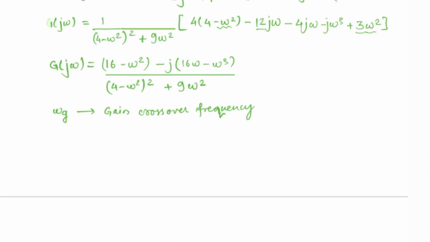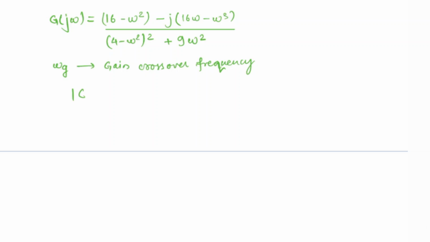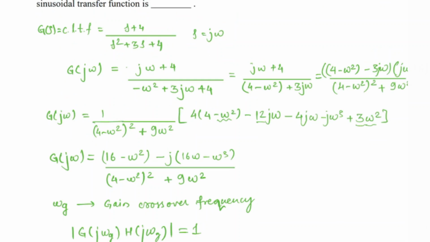So, what is the gain crossover frequency? Let me not call it G because it's kind of misleading here.